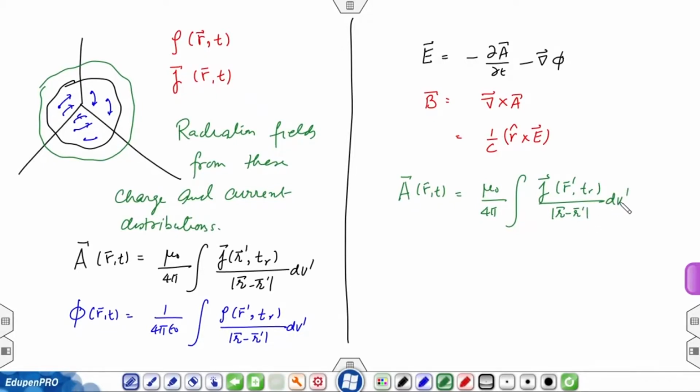And since the current distribution is localized, we will do the expansion of r minus r prime. So, let us do that. You have mod r minus r prime, which is equal to square root of r square plus r prime square minus 2 r dot r prime.